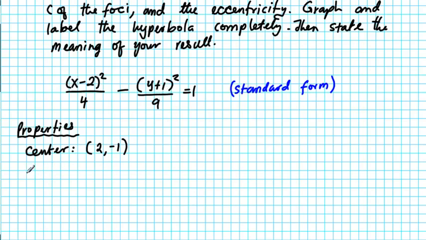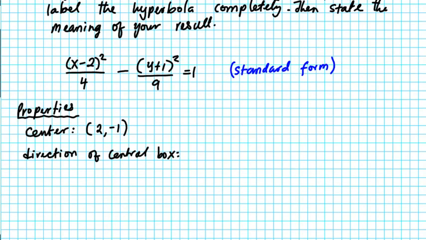Now we're going to do direction of central box. That central box determines the orientation of the real and the imaginary axis. Okay, so we're going to go square root of 4, which is 2. We're going to go 2 units side to side from the center, and this is what we can call the transverse axis.